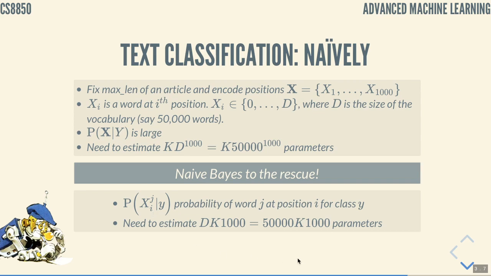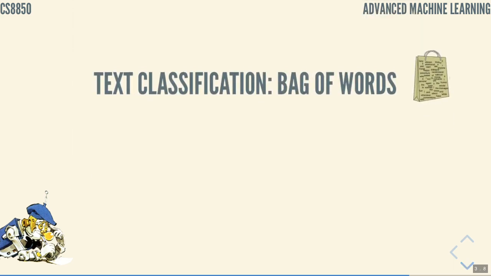And then we have k classes. So for each of them, we need to estimate this, and then we need to do it for each position in the email. That's better, much better than this monster, but still not quite good. It's a lot of parameters to estimate.